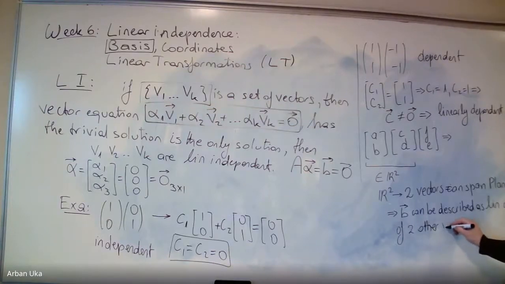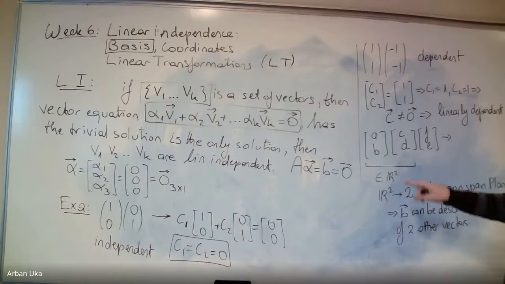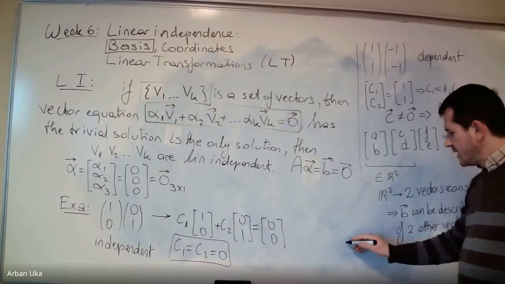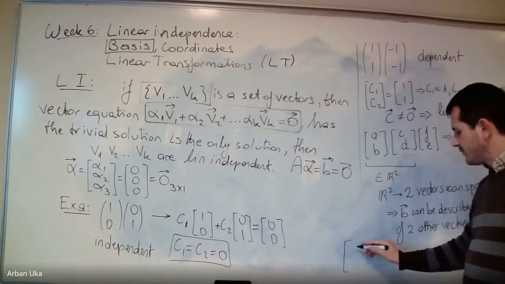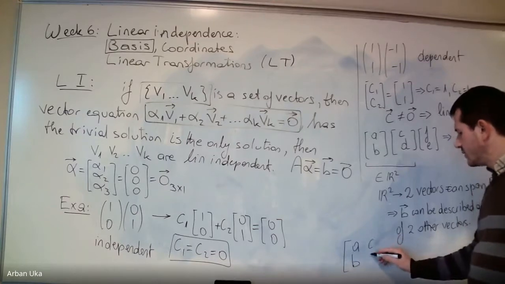But now, let me ask you this one, Terence. Do you have any constraint for these vectors A, B, C, and D? One of them should be different from the 0 vector. Okay, one of them should be different from the 0 vector, but anything else? So if we construct, sorry, this is AB, and here we have CD.